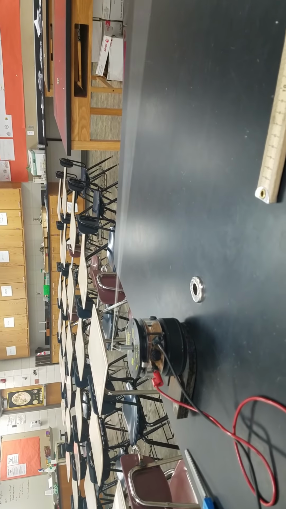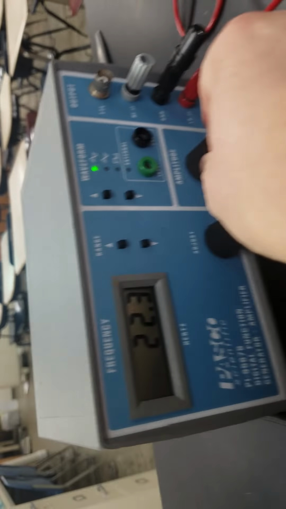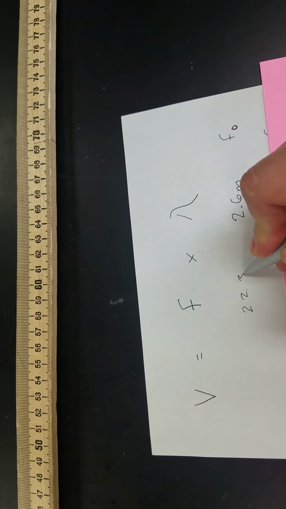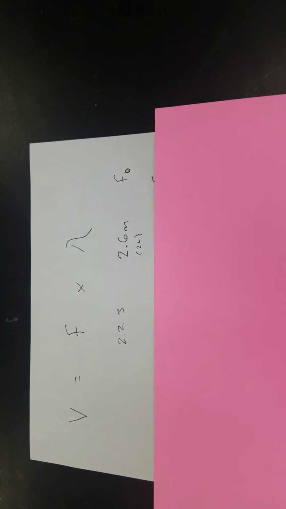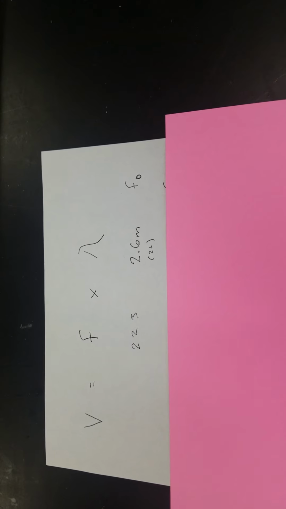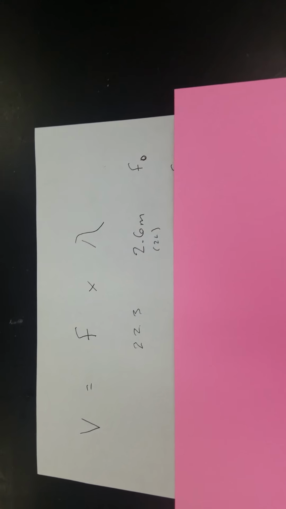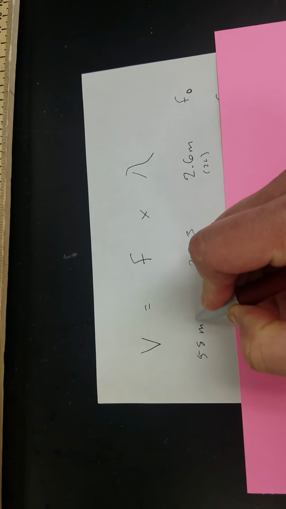It's fixed at this end, it's fixed at this end, and this happens to be vibrating at 22.3 hertz. So what I'm going to do here is take this 22.3 hertz and multiply it times 2.6. And I'm going to find out that this ends up being a wave speed of 58 meters per second.